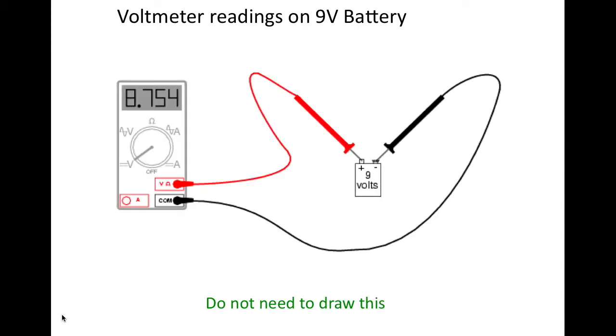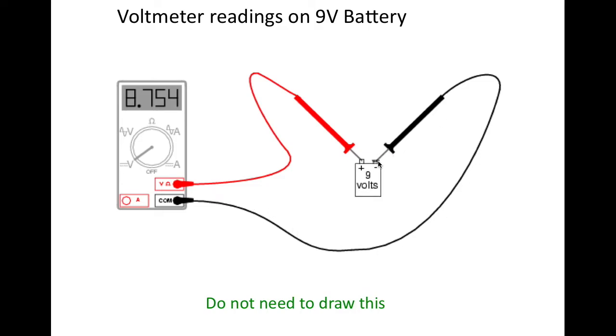The voltmeter is a really useful tool to read the volts from a source of energy. Here's an example of a 9-volt battery, and this voltmeter has a red wire with an indicator here, and a wire over here that is black.